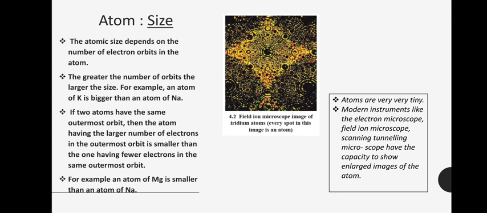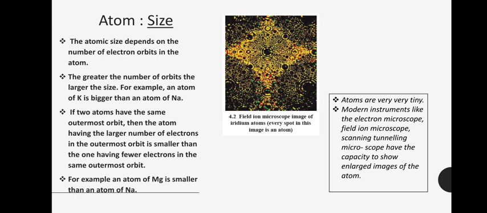Firstly, that the greater the number of orbits, the larger will be the size. And second, if the number of orbits is the same but the number of electrons is more in the outermost orbit, then that particular atom will be smaller than the atom having fewer electrons in the outermost orbit.